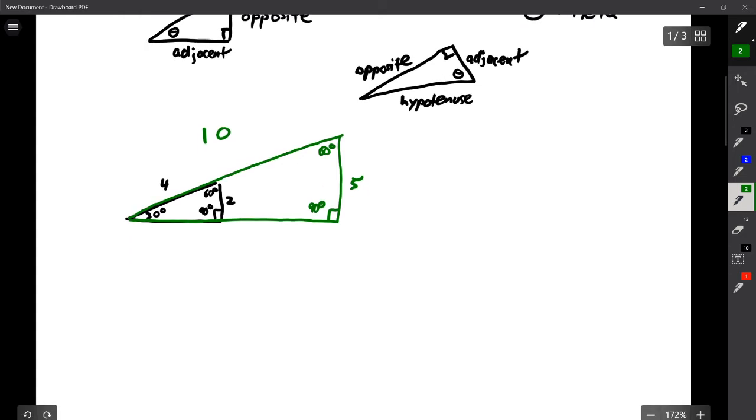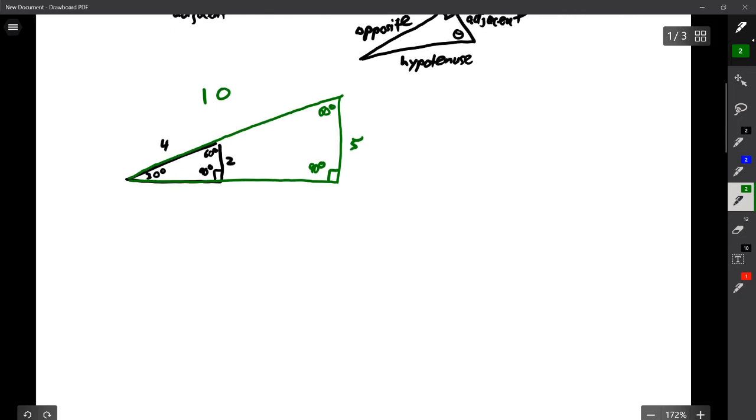And so we've named what these ratios are, and it looks like this. This is the cosine of theta, which is the length of the adjacent side divided by the length of the hypotenuse.